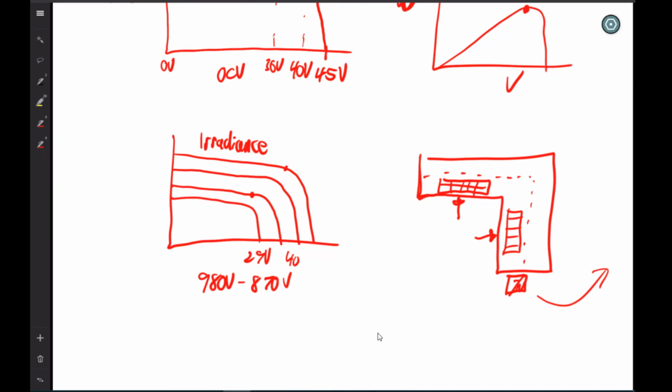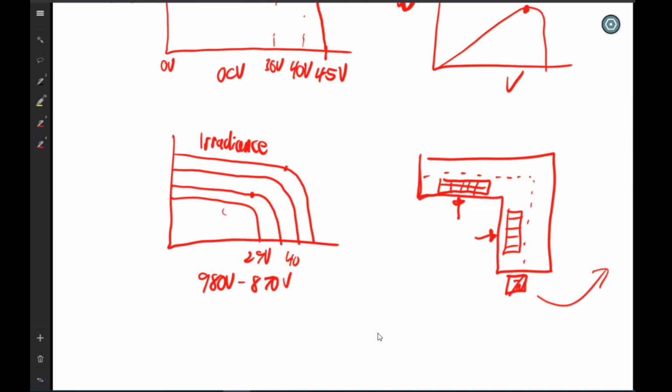I mean, it could optimize the output of the string still, maybe, but because of this chart over here, they're producing at different currents and everything, and it just wouldn't work. So you want to keep your strings on the same plane, the same tilt, the same orientation and everything, so that they can be tracked properly together.